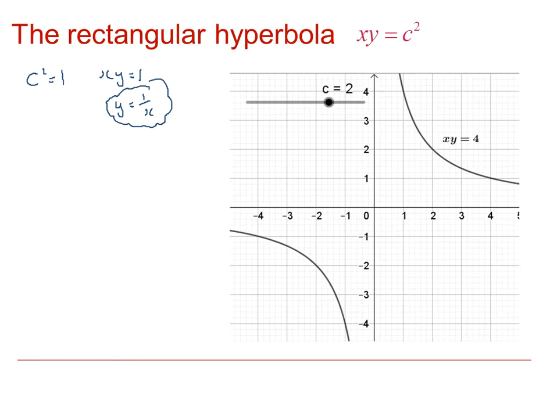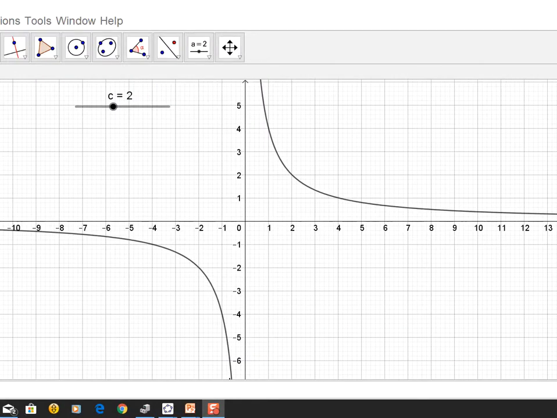Different values of c, then the rectangular hyperbola will be in different positions but look very much the same shape. And again, we can show that with the GeoGebra file. This is the rectangular hyperbola we've just been looking at with c equal to 2, so it's xy is equal to 4.